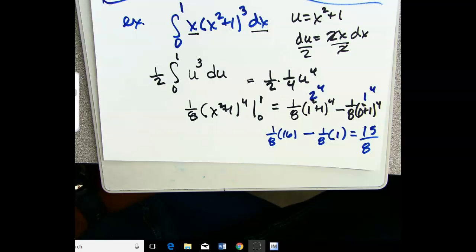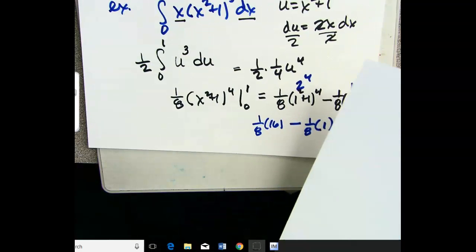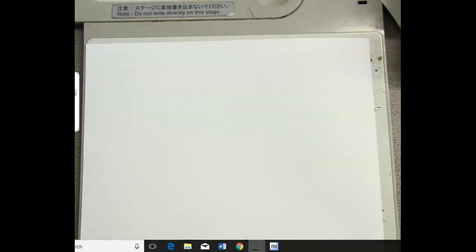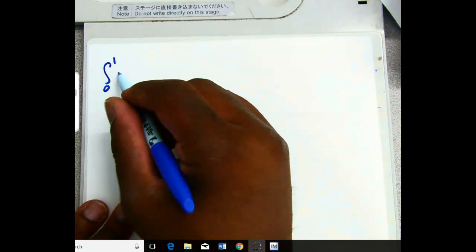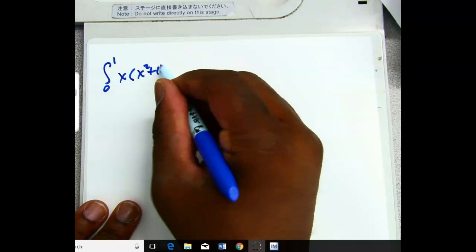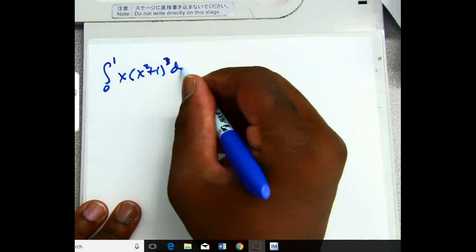Okay? So, take a look at this same problem, and I'm going to go through it a little faster just because we've already done the integration part to it. So here we had 0 to 1, x times x squared plus 1 cubed dx.